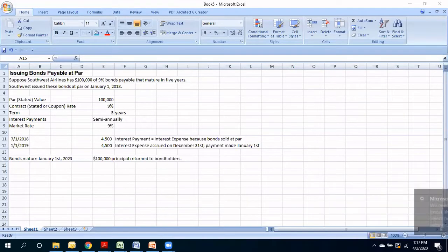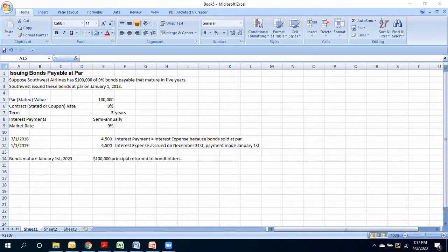Okay, I am back, and we left off discussing issuing bonds at par, and we talked about the various components related to bonds and bond issuance.